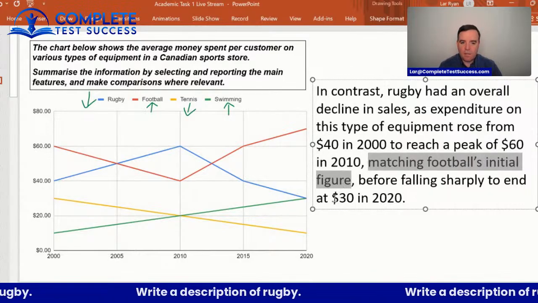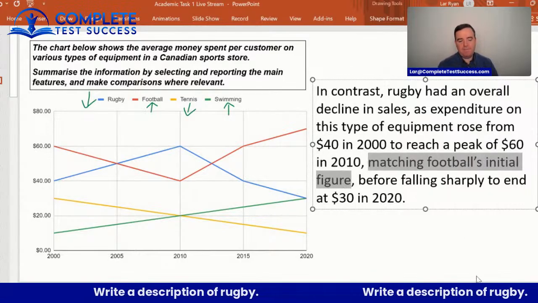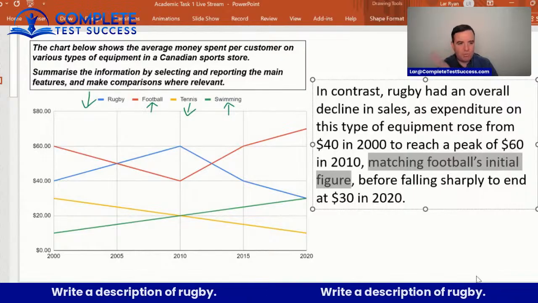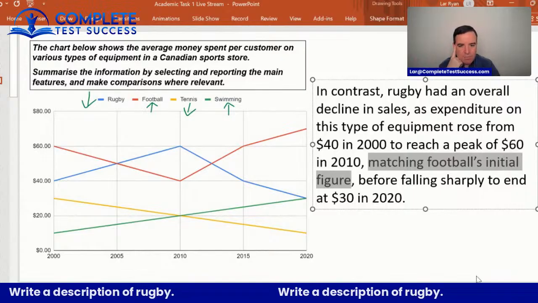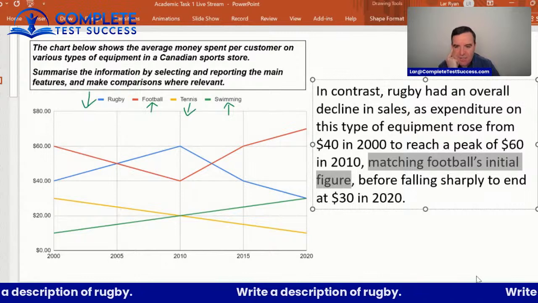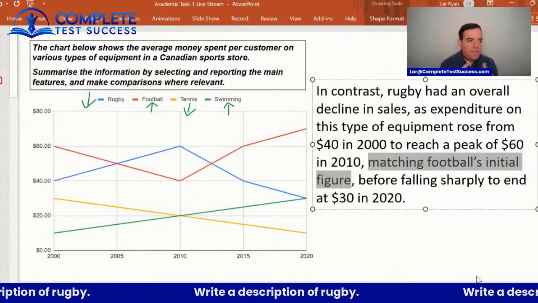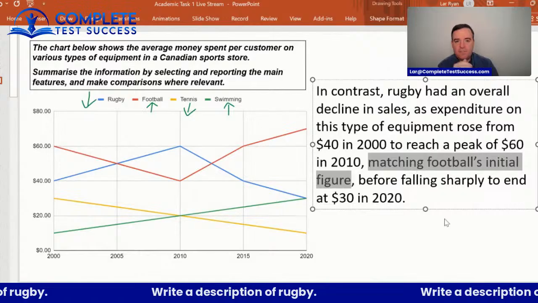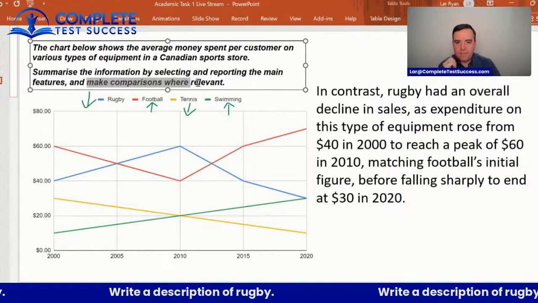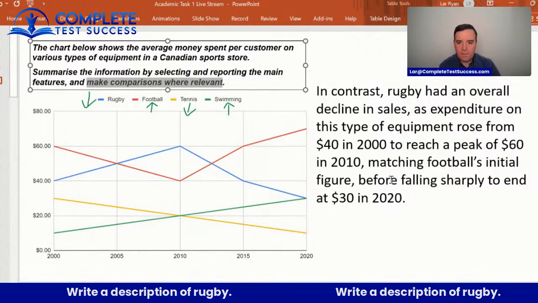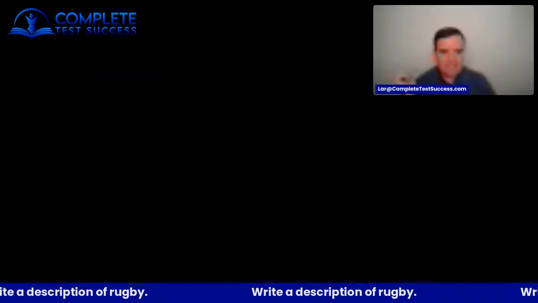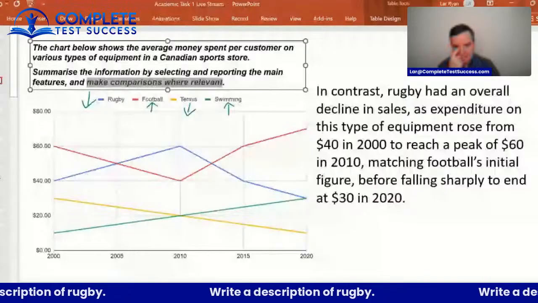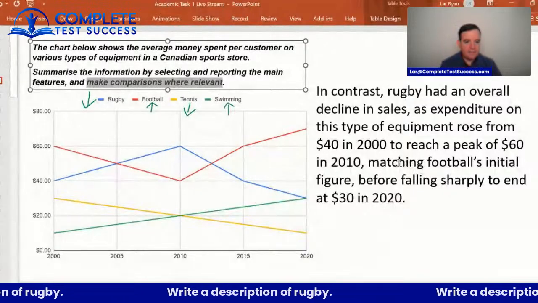No, because it's so long ago when you talked about football that the reader isn't going to remember that. And is that important? It's not really like that. When the question says make comparisons where relevant, that's not relevant. Why does it matter? Ten years previously a different category was also 60. That's not really a necessary comparison.